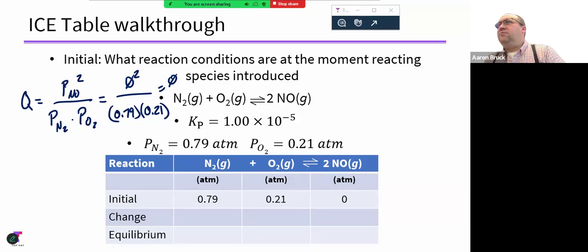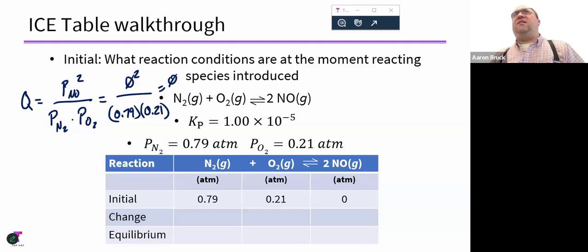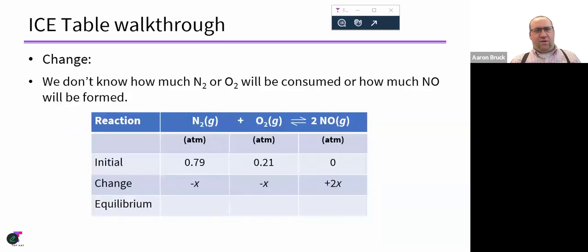So in this particular case, calculating Q doesn't make a whole lot of sense because we know we have no product, which means that we're going to have to make product in order to reach equilibrium.